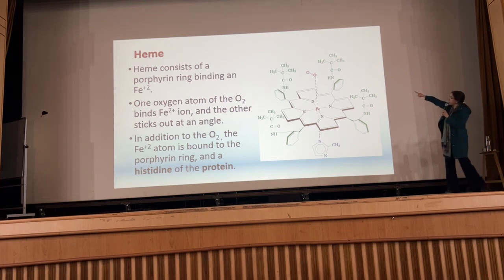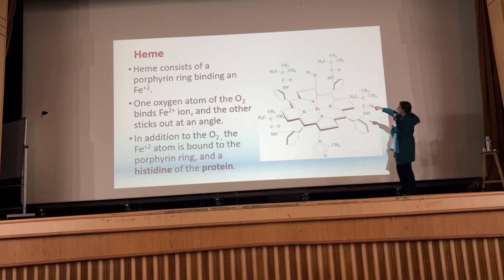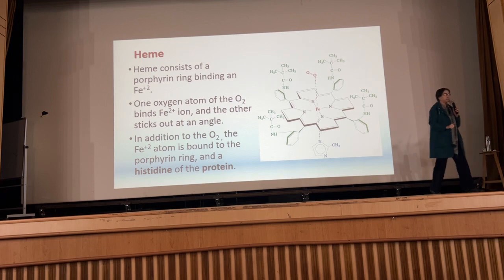What you see up there is oxygen gas, O2. The way the oxygen binds is critical, is extremely important. Look at it. One oxygen atom of the oxygen gas binds to the Fe of heme in hemoglobin. The other is sticking at an angle. Why is that?